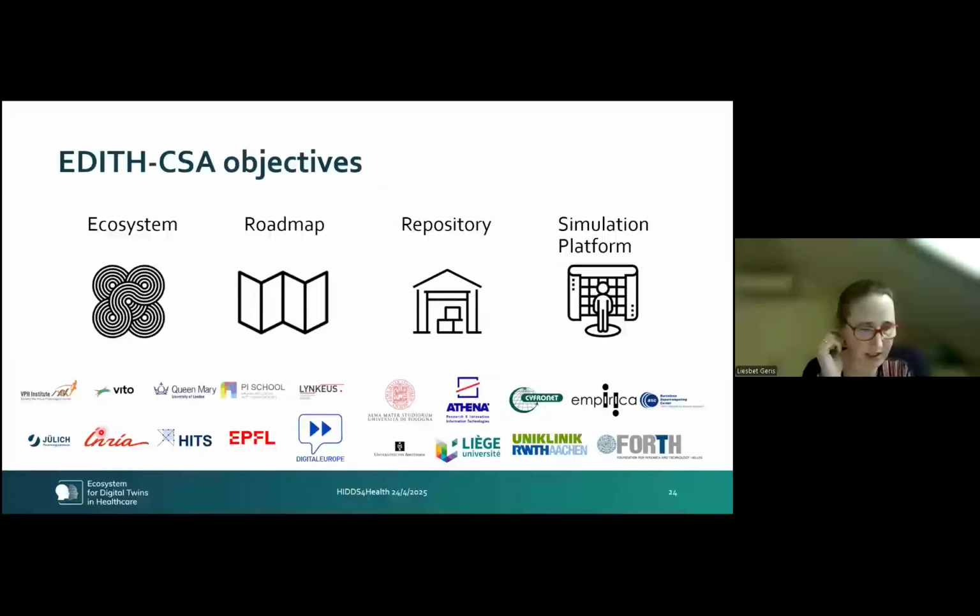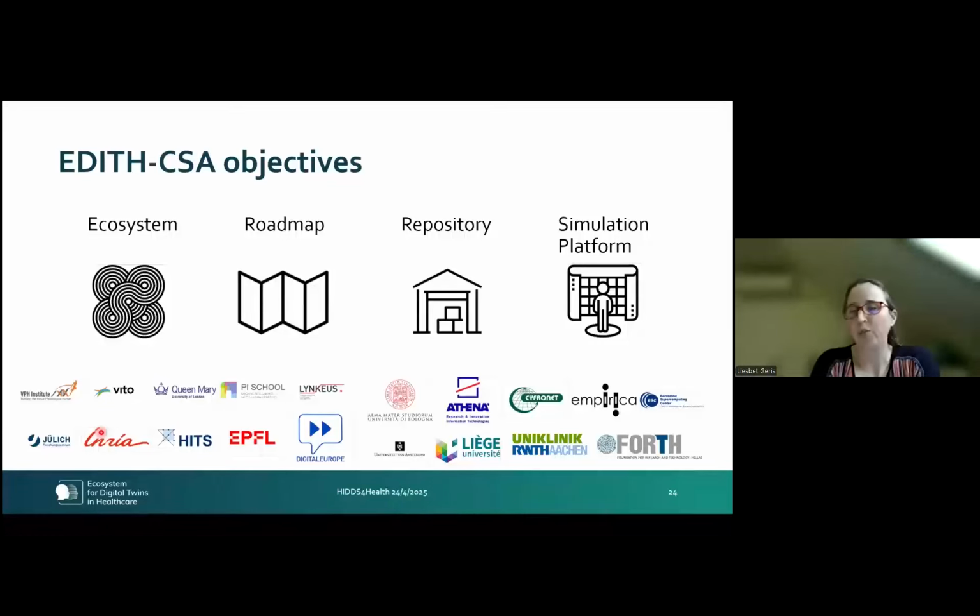Now, in order to do that, they started a coordination and support action, that's CSA, that we call EDITH. EDITH stands for Ecosystem and Digital Twin of Digital Twins in Healthcare. And they asked that consortium to work on bringing together the whole ecosystem for digital twins and to develop a roadmap to go towards the integrated virtual human twin.